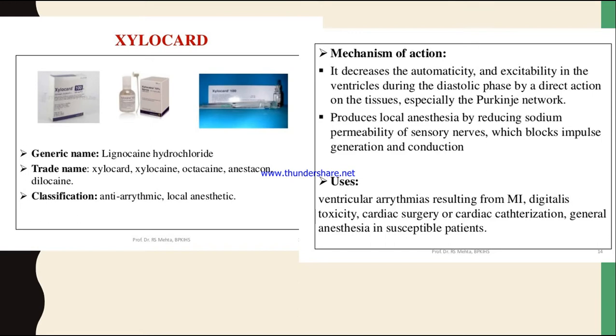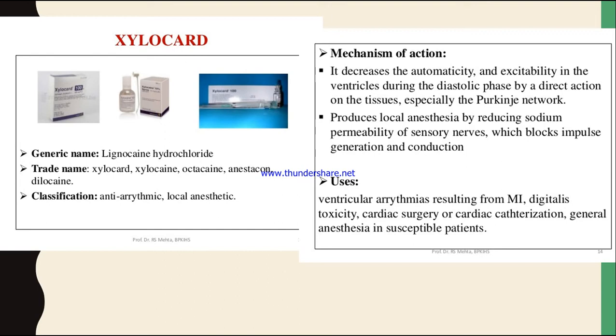Next, it produces local anesthesia by reducing the sodium permeability of sensory nerves, which blocks the impulse generation and conduction. Local anesthesia means numbness, where there is no sense of touch, heat, cold, or pain.